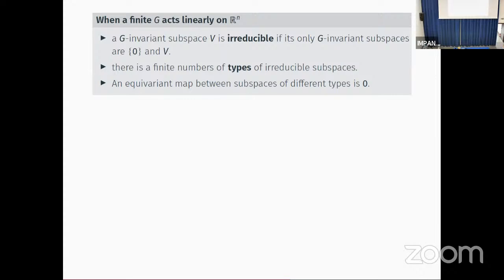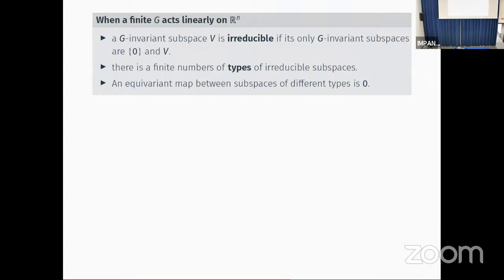Okay. So whenever G acts linearly on a space, then we say that a G invariant subspace is irreducible if the only invariant subspaces of the space are the null space and the space itself. So it's like the primal building blocks of G spaces.